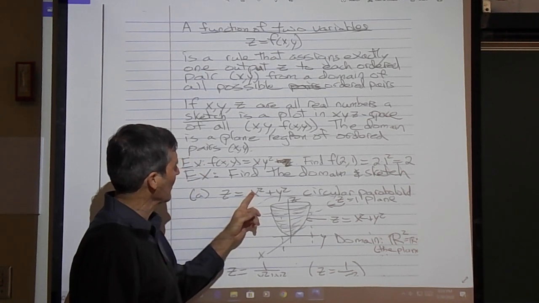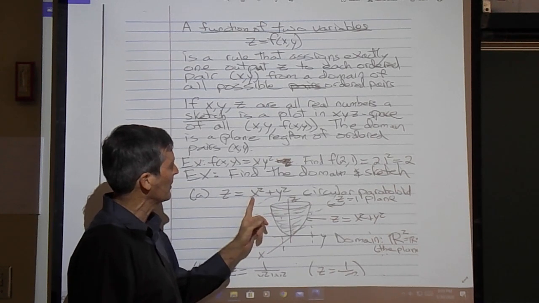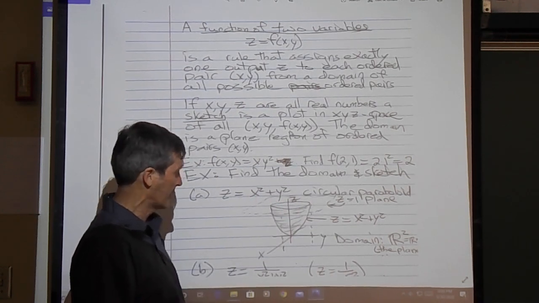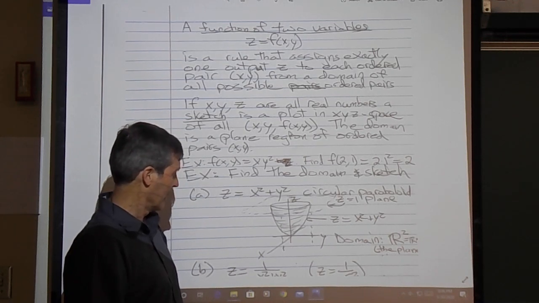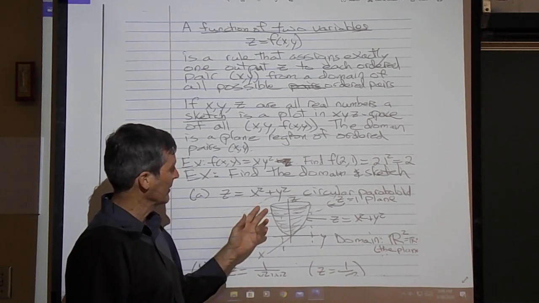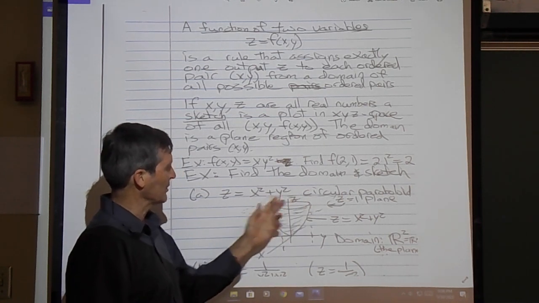And this, with x squared over 1 squared plus y squared over 1 squared, is an elliptic paraboloid. When a and b are equal, the numbers under the squares of x and y, then the ellipses degenerate to circles and you get a circular paraboloid.